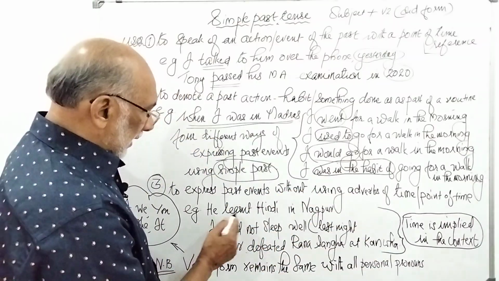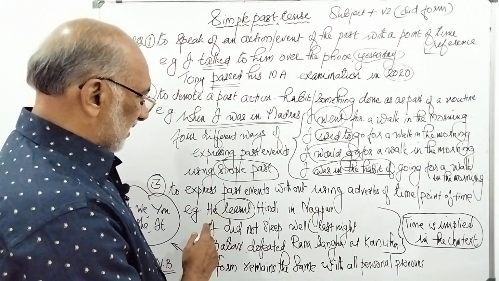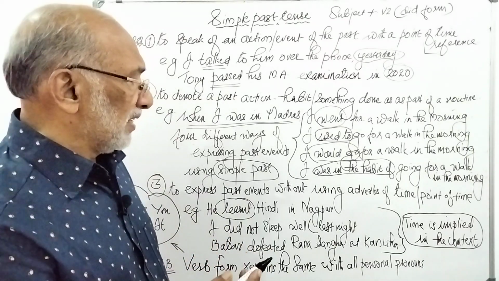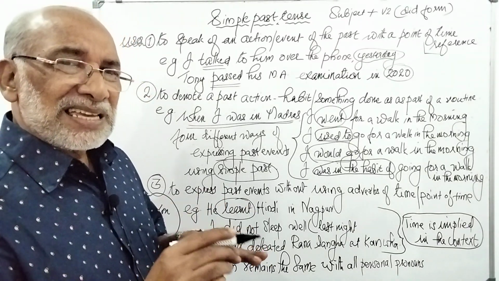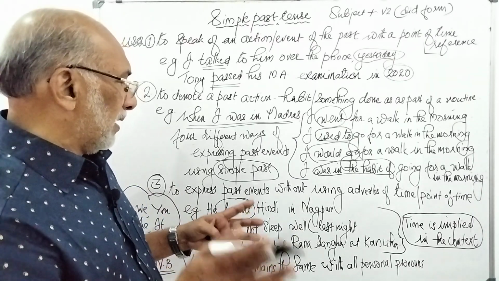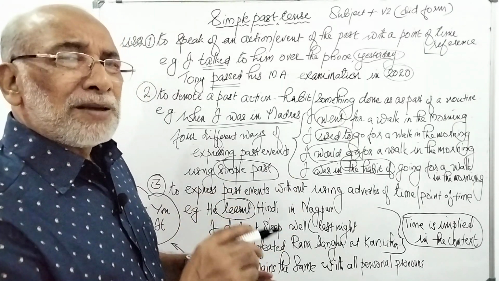See, he learned. Learned is the word, and that is the past tense. He learned Hindi in Nagpur. At the first reading of the sentence, we get a sense that it is over. Okay, it's already done. That means he completed the learning of Hindi in Nagpur sometime in the past.